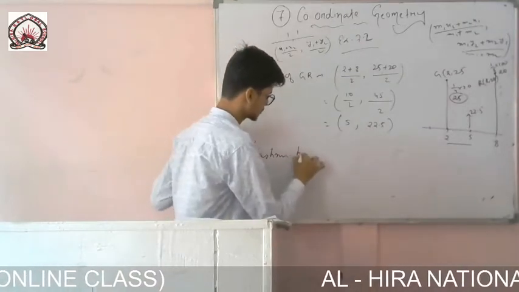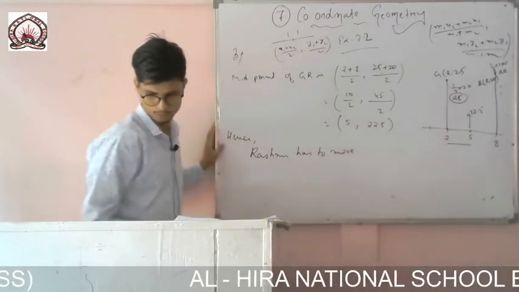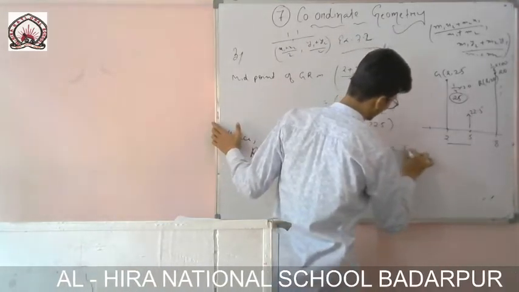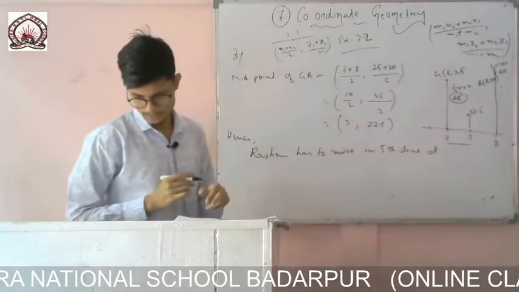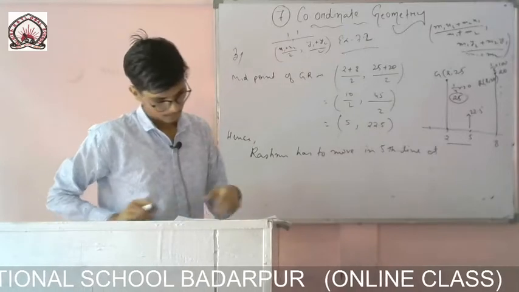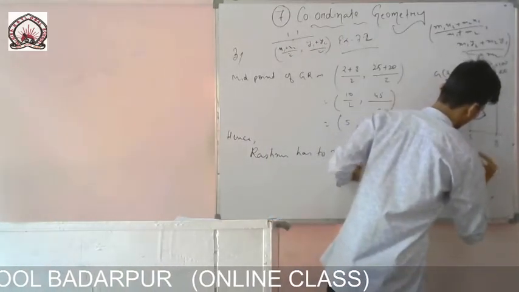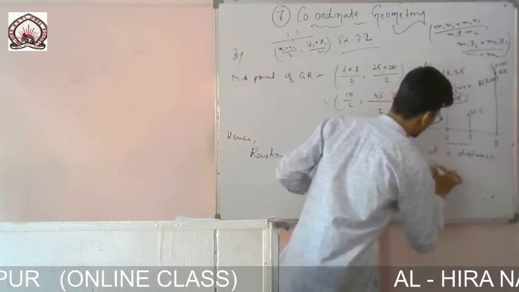So Rashmi has to move in the 5th line at a distance of 22.5 meter.